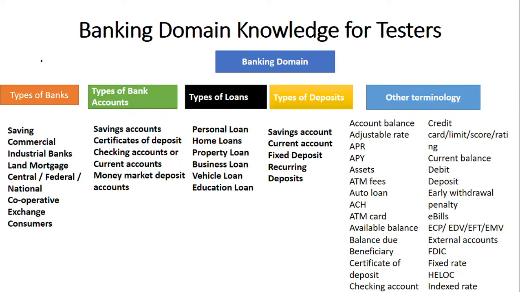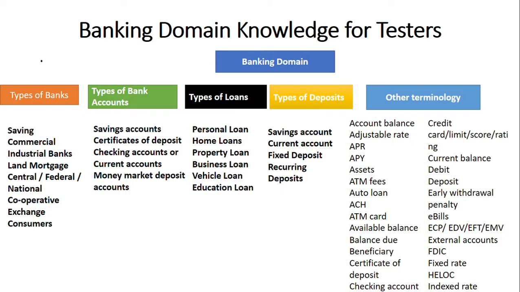Then cooperative banks generally give credit facilities to small farmers or some employees or small scale industries. These cooperative banks are basically available in small areas of the village, or you can say in urban areas as well. These banks are similar to commercial banks, as they give short term loans.